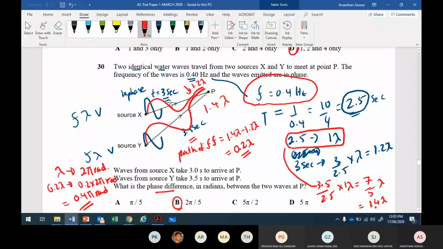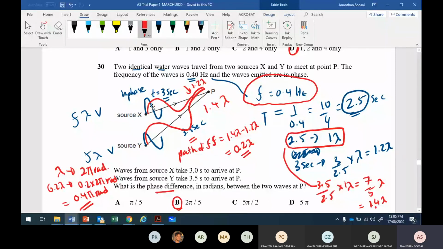So they said X to P took 3 seconds. 2.5 seconds is 1 wavelength. 3 seconds, how many wavelengths? 2.5 is 1 lambda, so 3 seconds is 3 over 2.5 times lambda, which is 1.2 lambda.